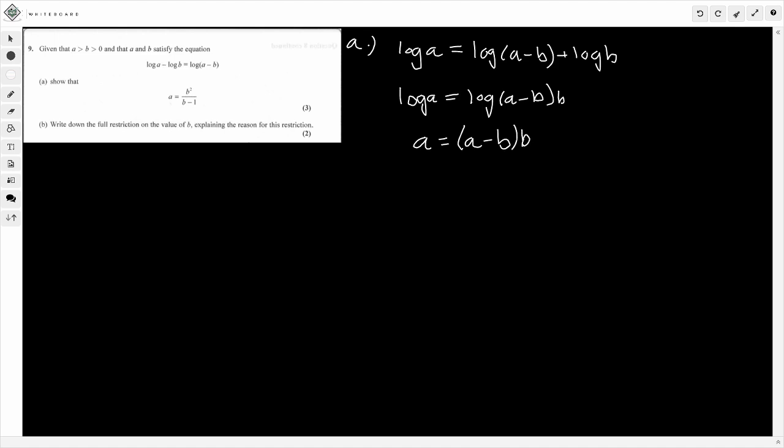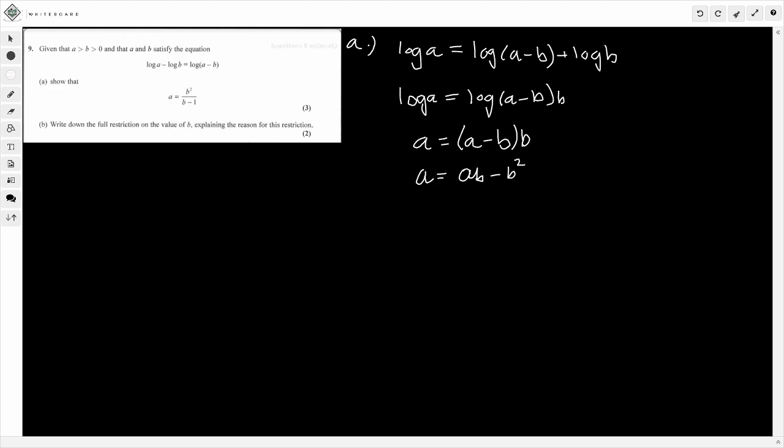Now, all I'm going to do is just expand this right hand side. Notice we're getting pretty close to this. We've got a equals, we've just got to manipulate a little bit more to get it into this required form. So a is going to be equal to a times b, so ab, minus b squared. So again, we've got the b squared here, but we've got a minus b squared here.